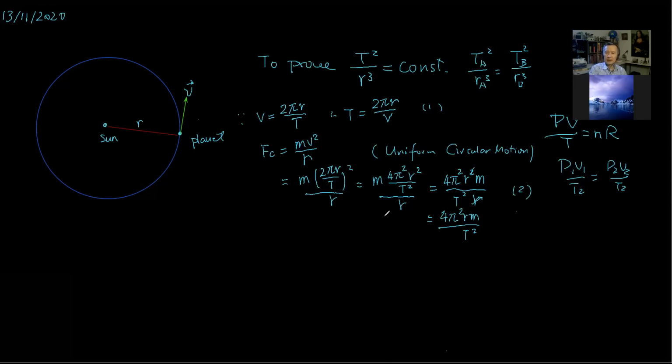So equation 1 into 2. Oh, well, yes, go on. But you still have a velocity here. Can you see? We have the velocity here. How can you do that? Try it. But I think you will have trouble.